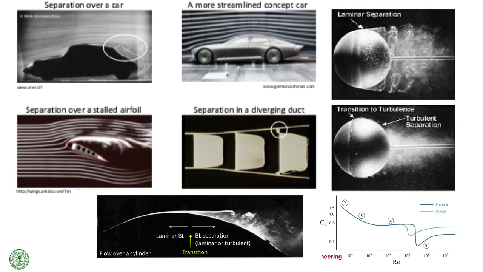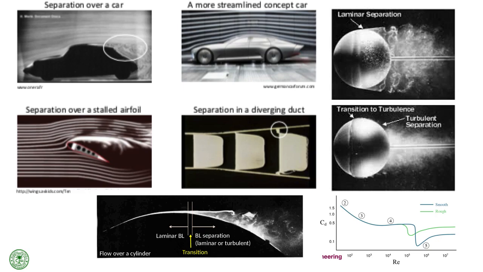This happens very suddenly. People have recorded these characteristics, and they show that CD, the drag coefficient, when plotted against the Reynolds number, increases, decreases, becomes constant, then drops suddenly, and then jumps up.